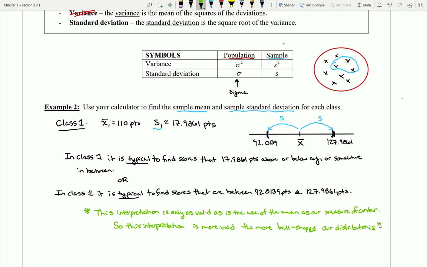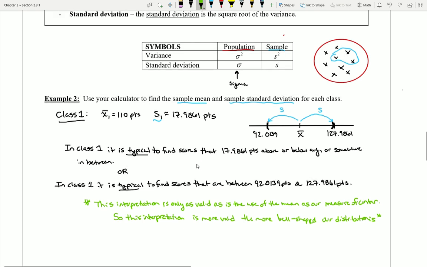Now this is really important to note because if I had a skewed distribution, this interpretation may or may not be reliable. But if I have a nice bell-shaped distribution or moderately bell-shaped, then again, this value of S is helping me determine this typical window or range of values where it's common to find, in this case, test scores.